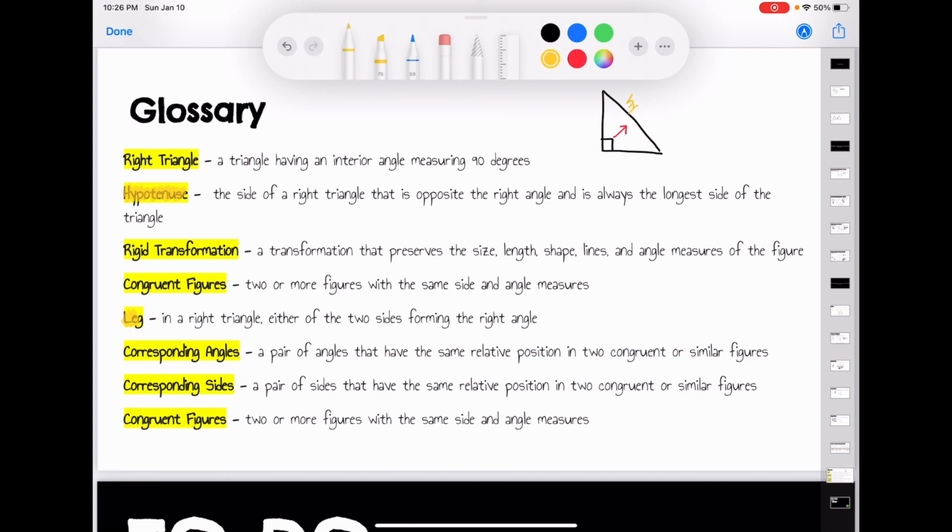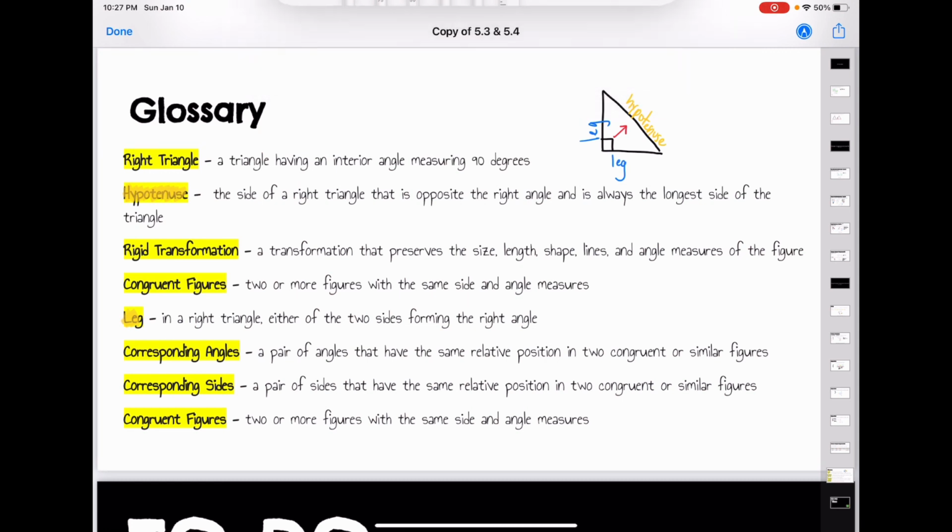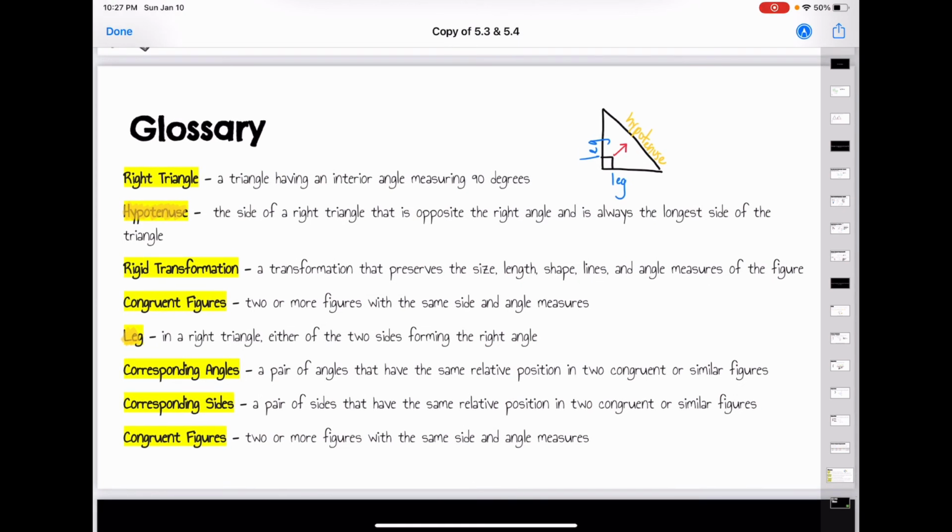So thus, this would be my hypotenuse. And then my legs would be my other sides, my sides which aren't my hypotenuse. And so that's what it would look like in a right triangle. Okay, any questions?